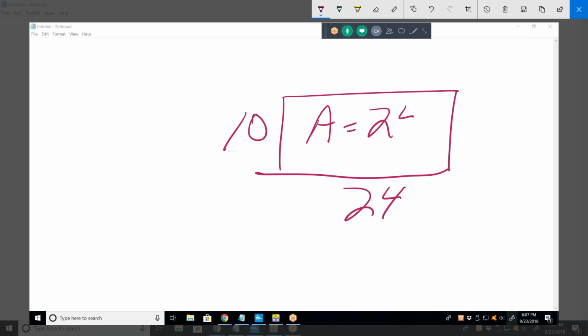Okay. Now, read the problem again. Okay. So, I'm going to increase the width by some amount, and I'm going to increase the length by some amount.